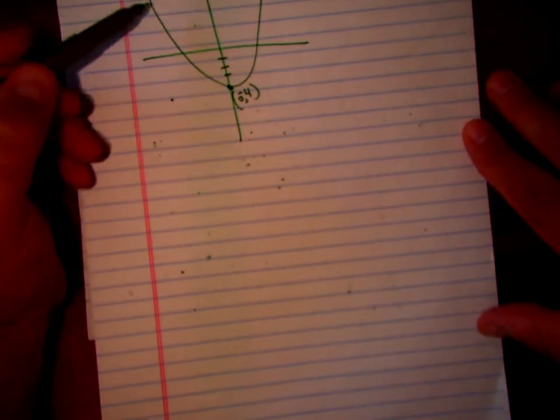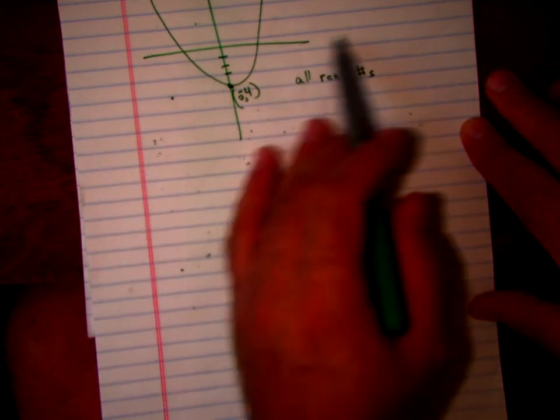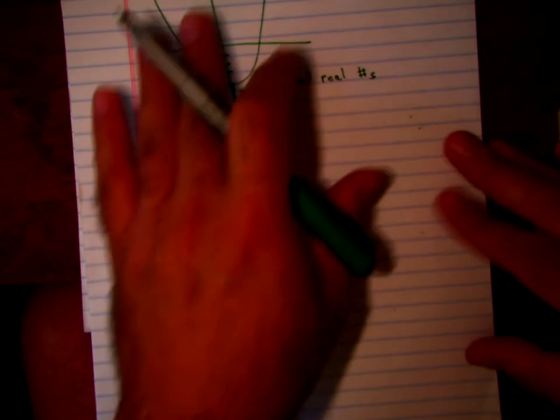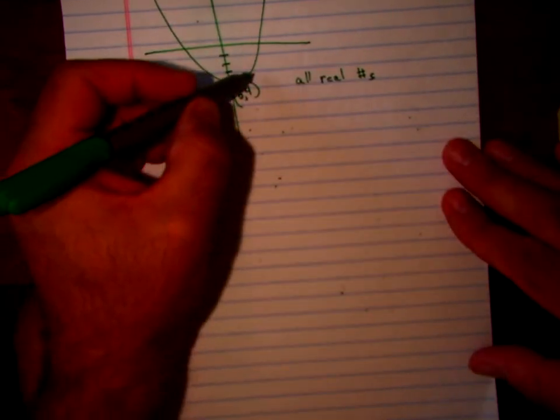So that means all of my answers would be all real numbers. Well, why is that? Because all of the x's are going to be used. As I keep going out and out and out, I will use every x on this line. So there's an x here, x here, x here, x here, x here, and it keeps going, going, going, going.